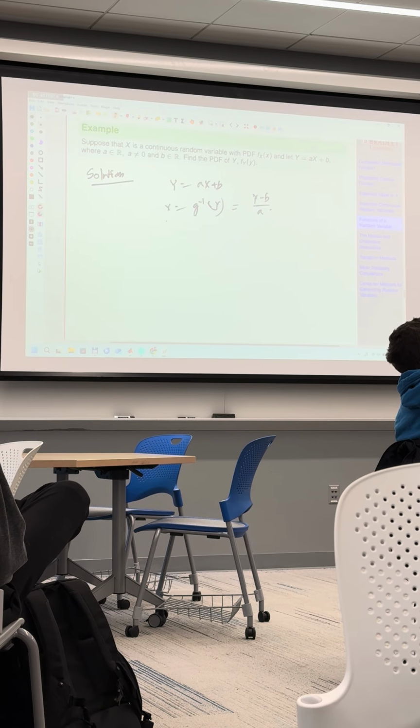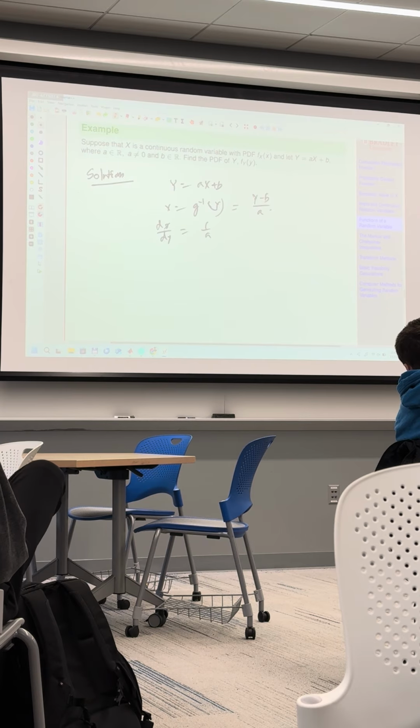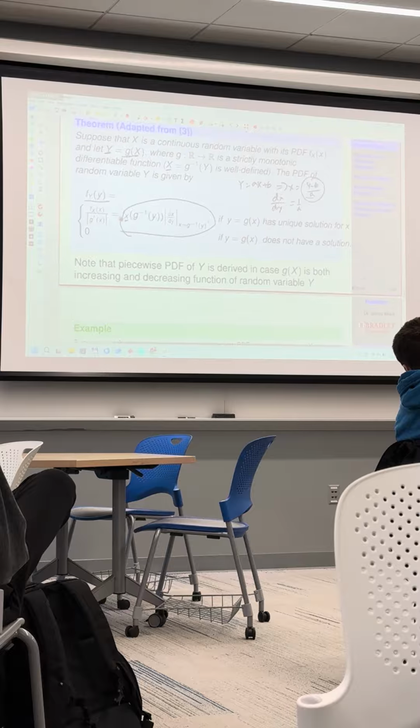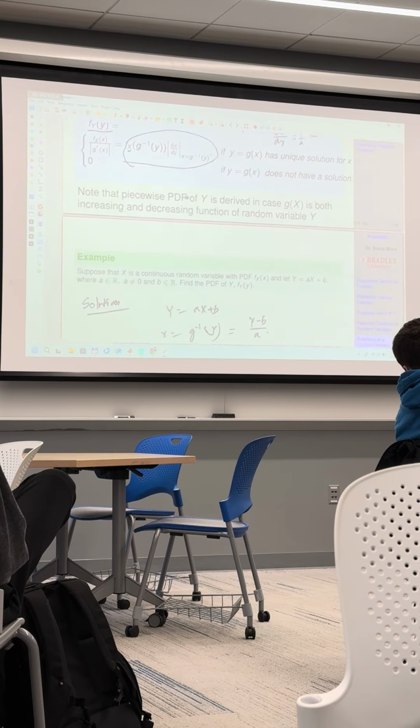And dx over dy is simply 1 over a. I'm going to use a different color. See, this quantity you already know. So f sub y is, see how I make use of this, f sub x of g inverse of y.